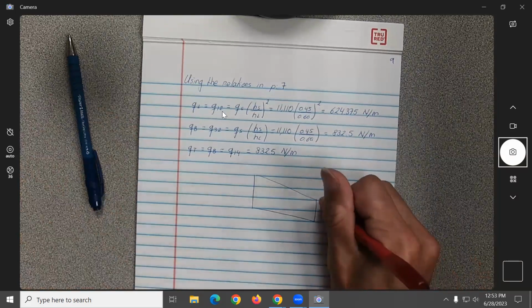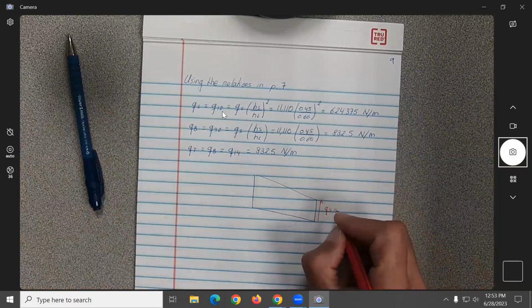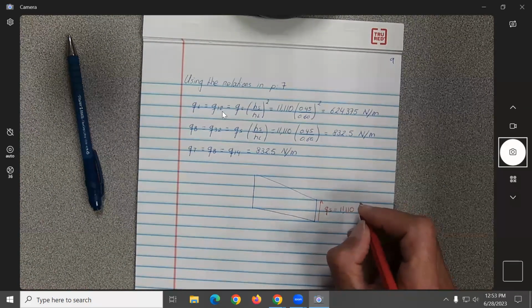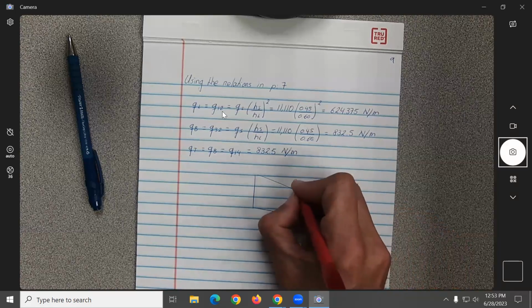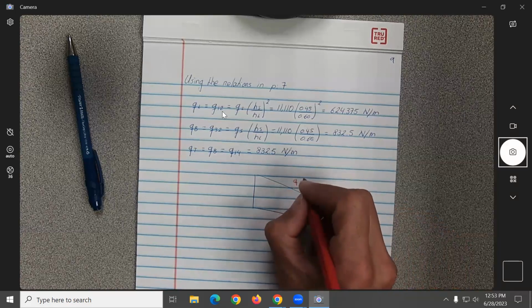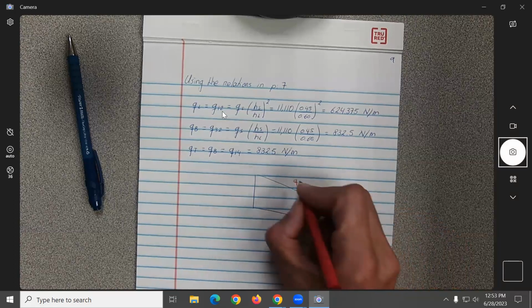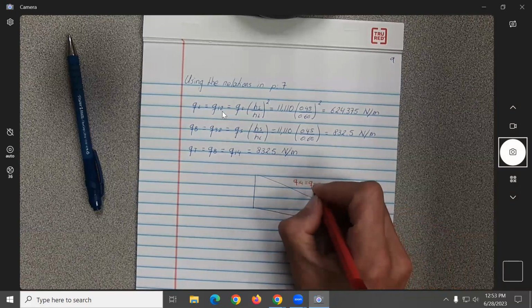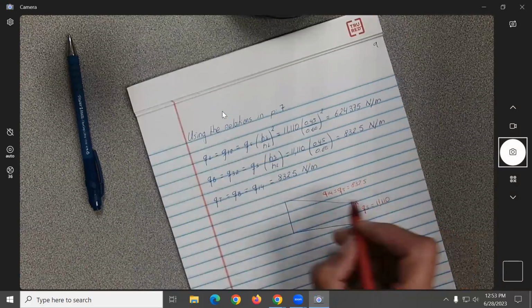We have over here Q short equal to 11,110. Q top, which is Q14, equal to 832.5.